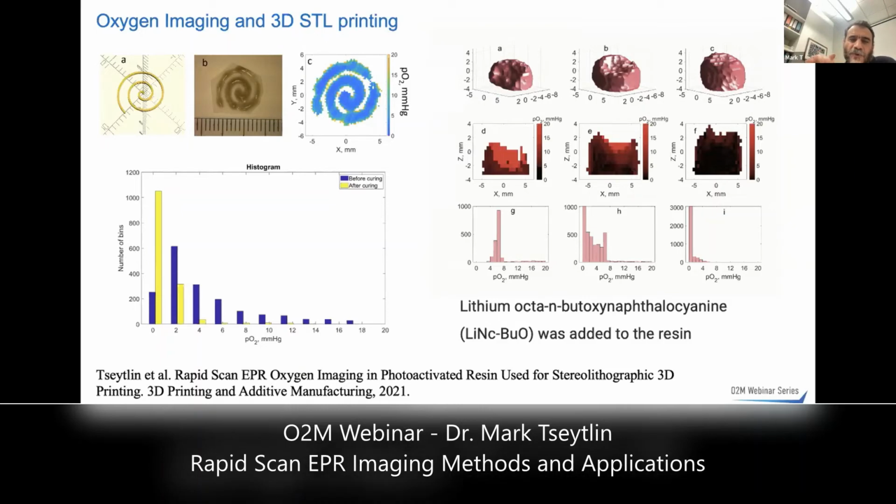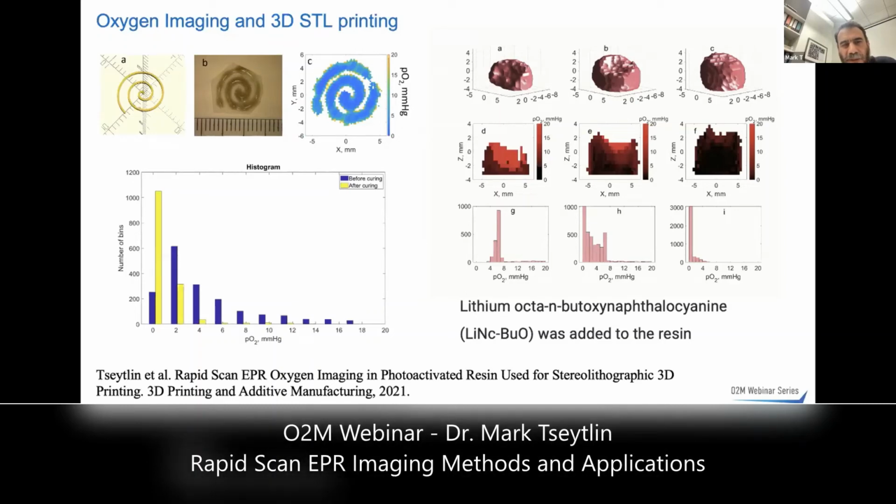After oxygen is removed, only then the polymerization starts. We figured that would be an interesting project for EPR imaging, because oxygen plays a critical role in 3D printing.